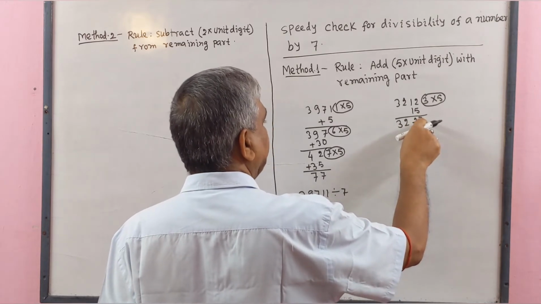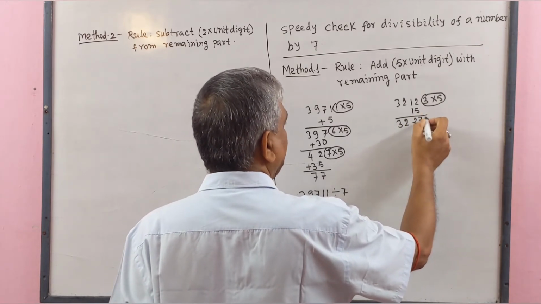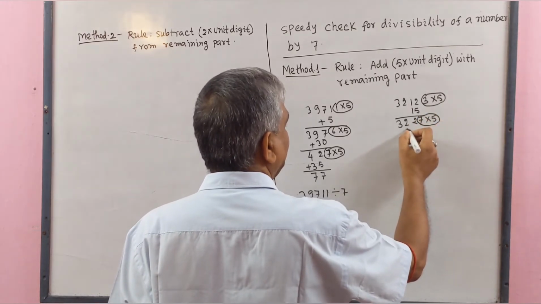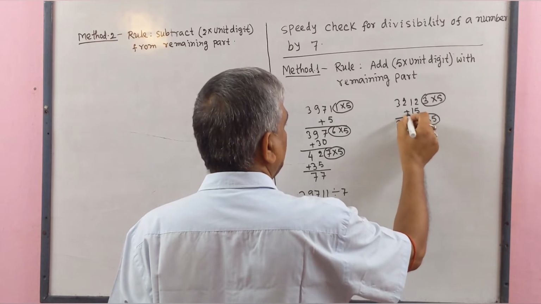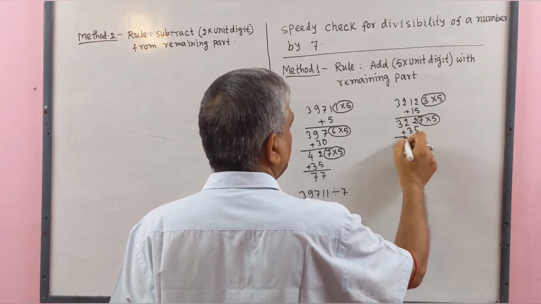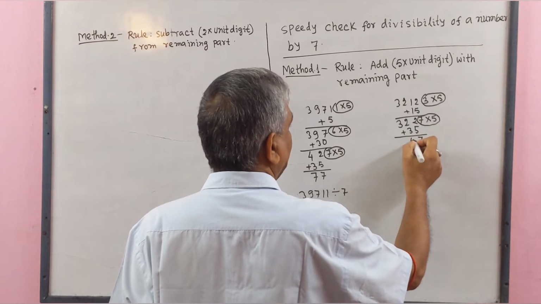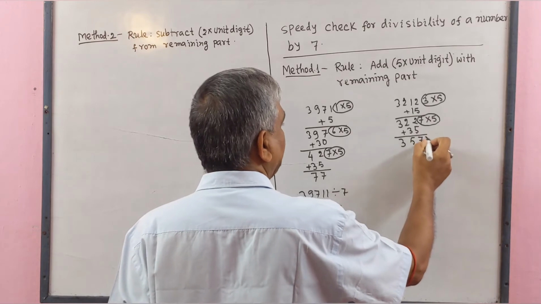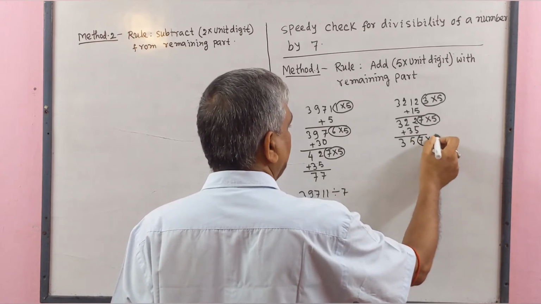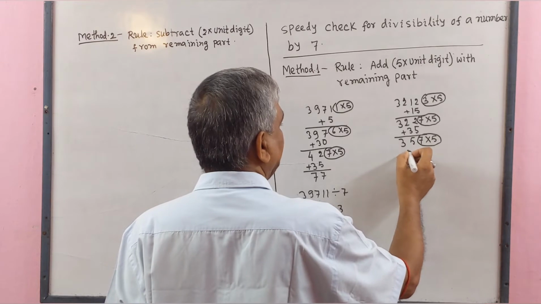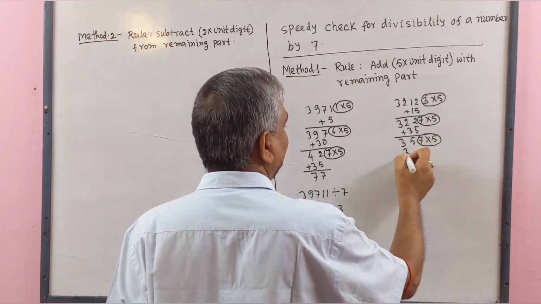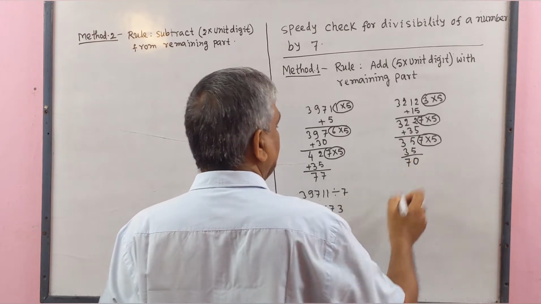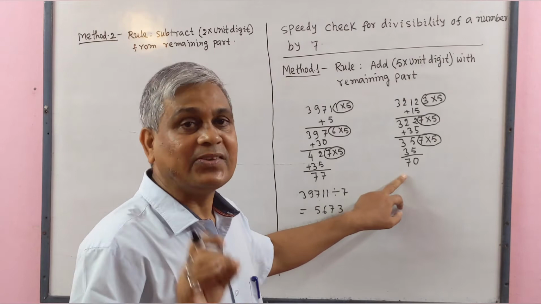Now, the digit in the unit place is 7. We multiply this by 5. We get 35 and add it to the remaining part. Here 7, 5, 3. Now, the digit in the unit place is 7. We multiply this by 5 and add it to the remaining part. 7 multiplied by 5 is 35. 35 and 35 is 70. 70 is divisible by 7.